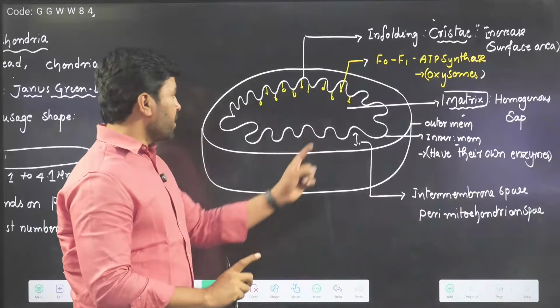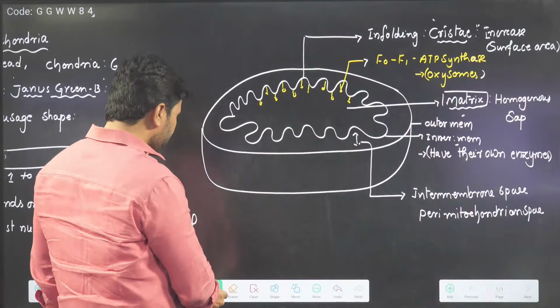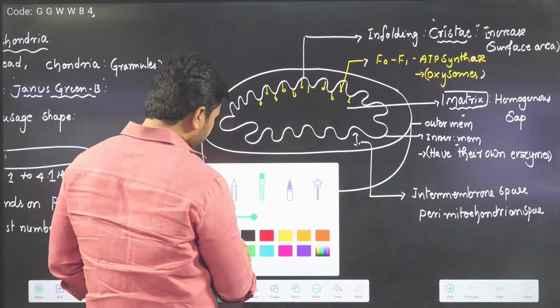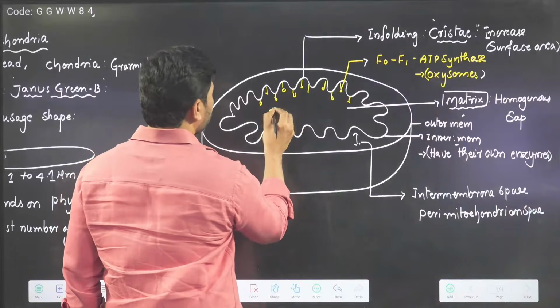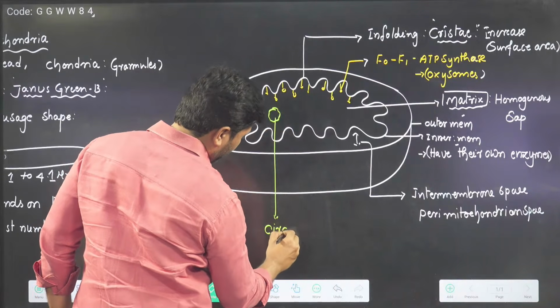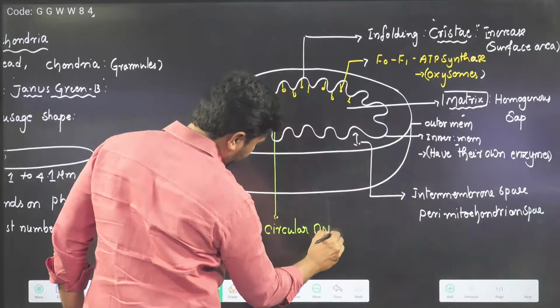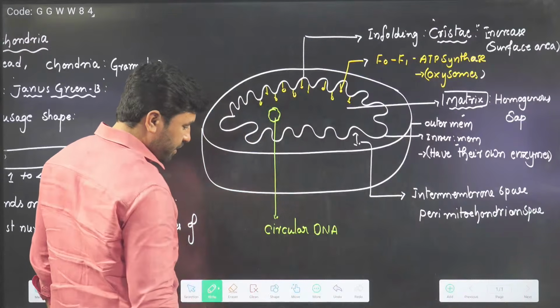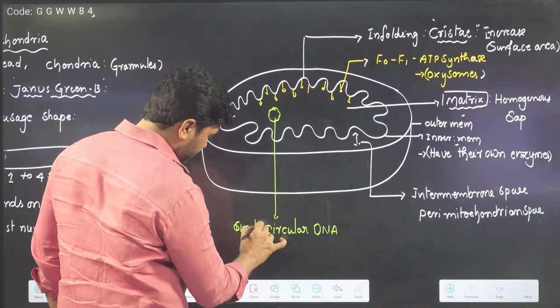Okay, then come back to the inside of the matrix. What are the compounds you will see inside the matrix? In the matrix, we will see circular DNA. How many circular DNAs? A single circular DNA.